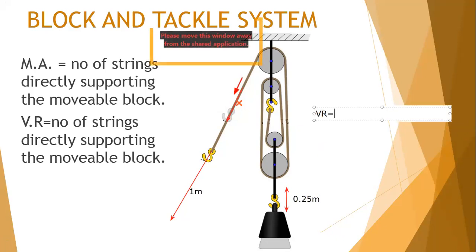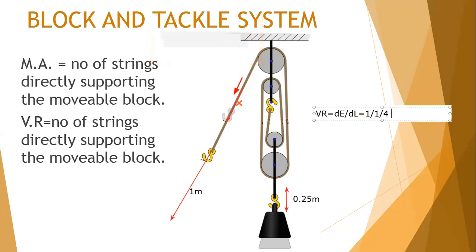Velocity ratio is the displacement of effort upon the displacement of load. The displacement of effort is 1. And how much is the displacement of load? It is 0.25, meaning 1/4. So 1 divided by 1/4. Take the reciprocal of it and you will find the answer is 4. So what is the VR? VR is 4.